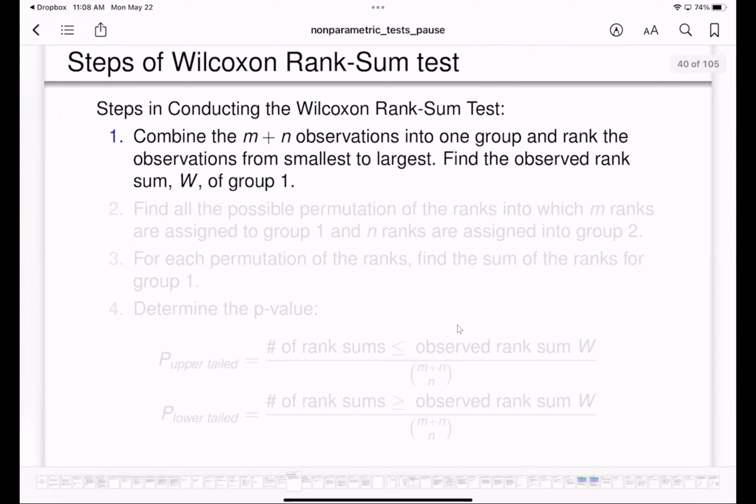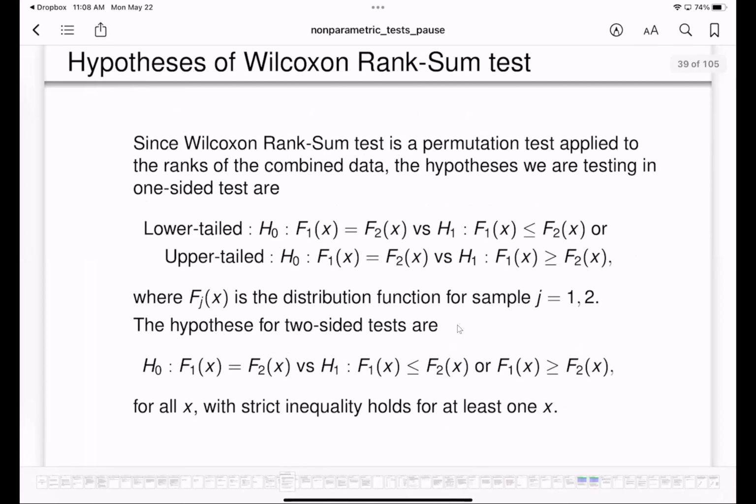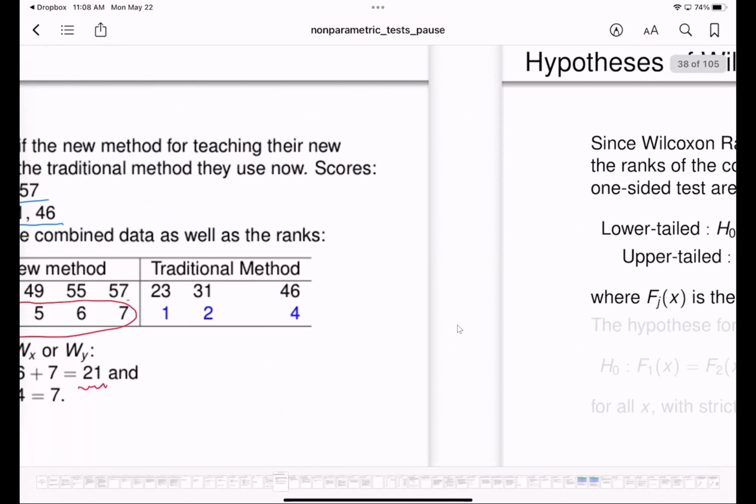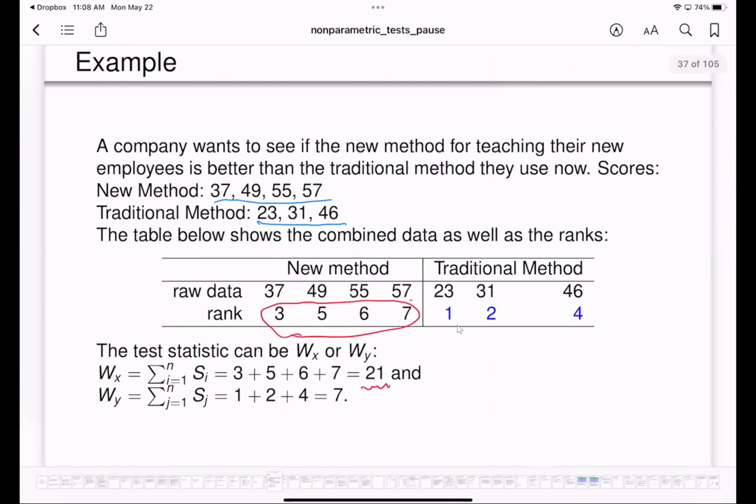Talking about the sum of ranks, actually the sum of ranks will depend on how the hypothesis is specified. In the parametric method, we always specify the hypothesis in terms of population parameters, such as the means being equal.